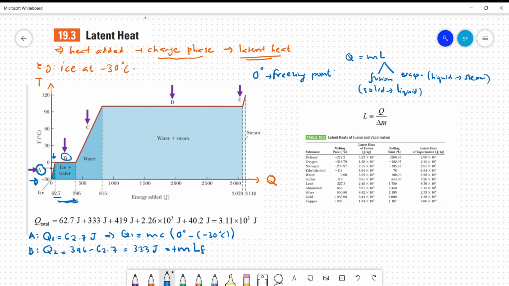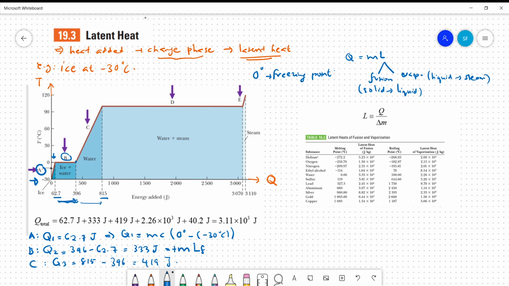Now, at C, once the ice completely melts, what happened? As we add more energy, as you can see at Q3, 815 minus 396 gives us 419 joule of heat.